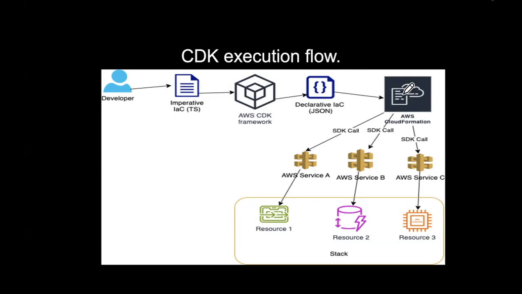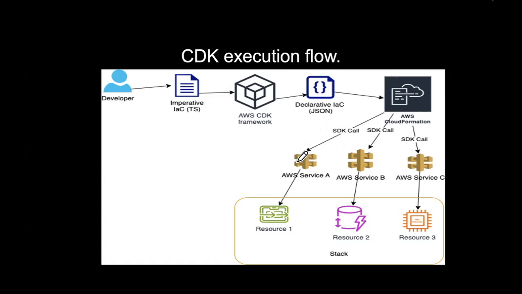And then the CloudFormation service does what it always did, which is it takes the template and it talks to the various services, like EC2, IAM, S3. It communicates with them using the SDK.